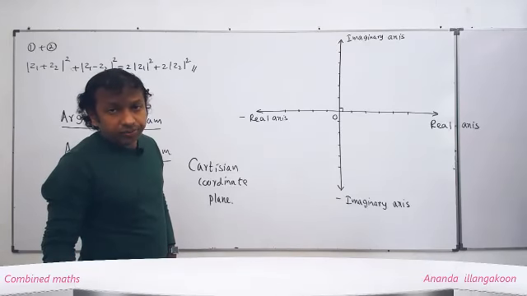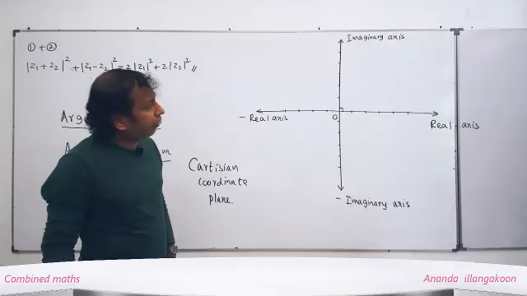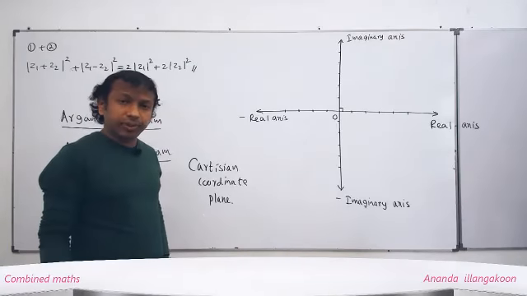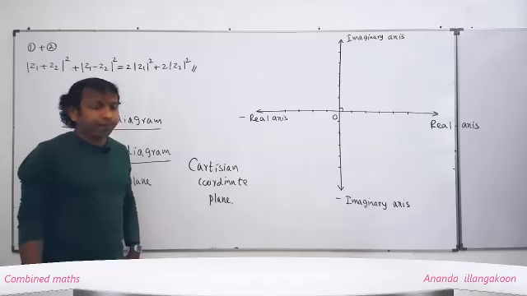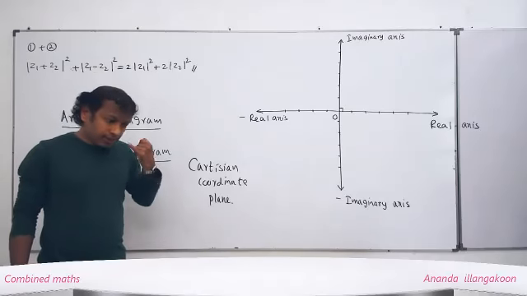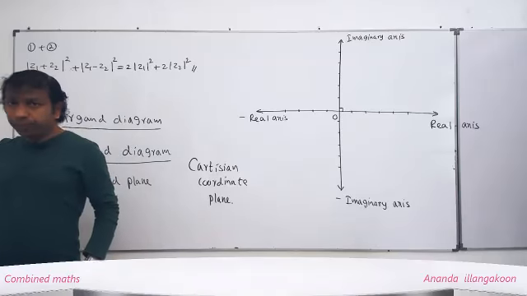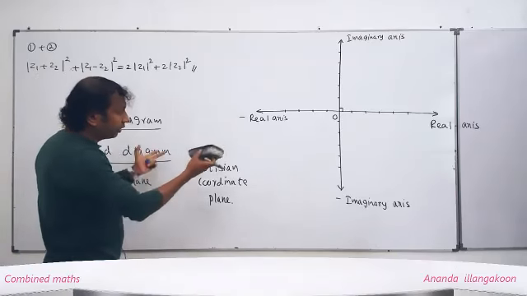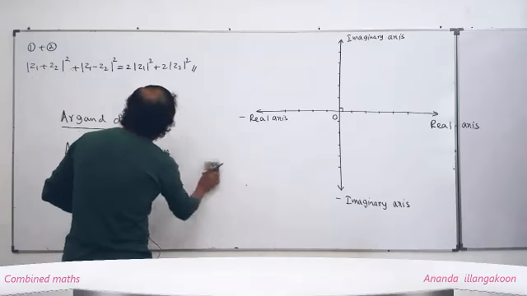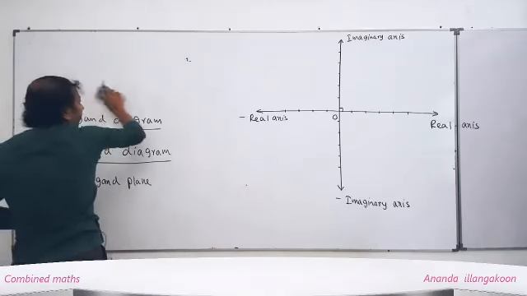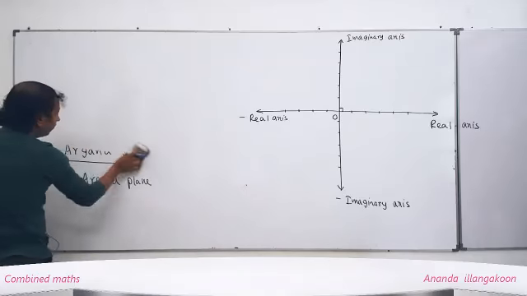All right, people. Now let's see what use we have with this Argand plane. You can very clearly understand. In the Cartesian coordinate plane, it is the same plane, but the axes are different. The x and y axes come in that case.